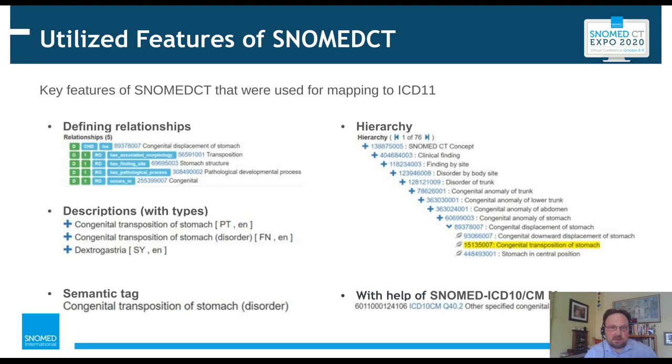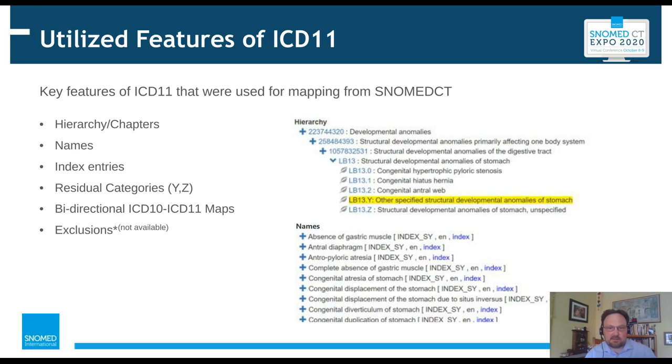We included some synonyms that were generated to also expand the scope of how we could match SNOMED to ICD-11. And then the other key thing is the SNOMED to ICD-10 and SNOMED to ICD-10-CM maps we could use as a means to find our way through the WHO provided ICD-10 to 11 maps to an ICD-11 concept.